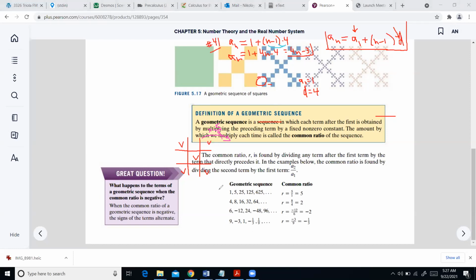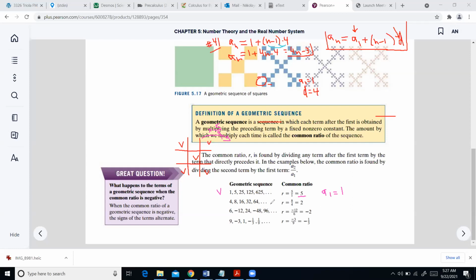Say, the first one says you start with 1. So your first term is 1, A1. And then you multiply it by 5. You see, you multiply by 5, you get 5. Multiply by 5 again, you get 25. Again, 125. And so forth. You keep multiplying by 5, so your ratio is 5.